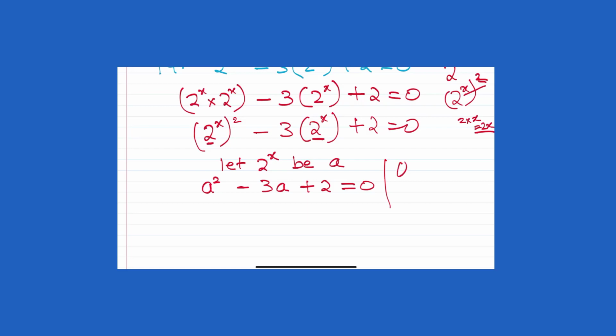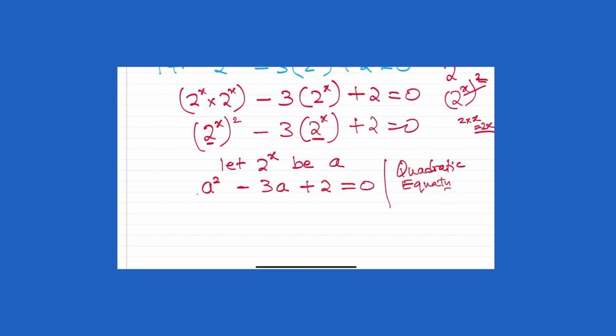Does it look familiar? Yeah, that is what we are talking about. This is a typical example of how an exponential equation becomes a quadratic equation. And how do we solve this further? We can just apply the factor method to make life easier.